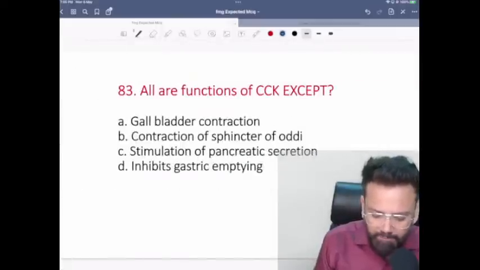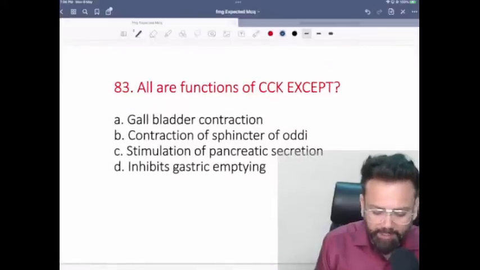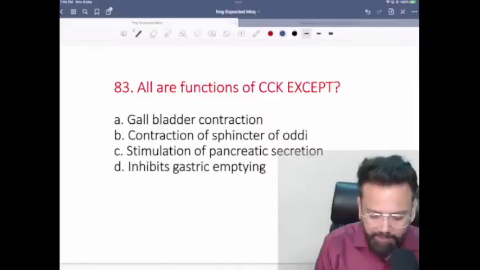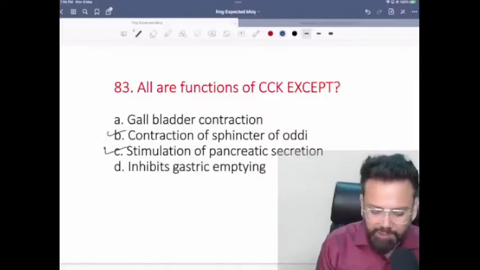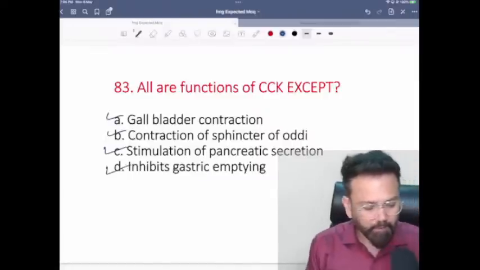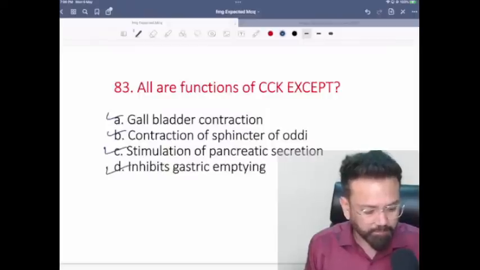All are functions of CCK, cholecystokinin, except: gallbladder contraction, contraction of sphincter of Oddi, pancreatic secretion, inhibit gastric emptying.